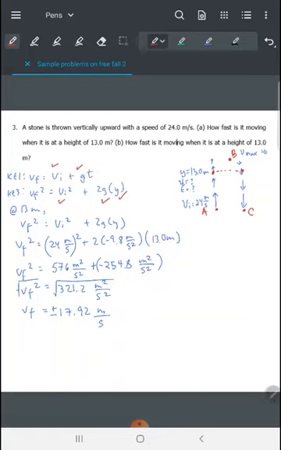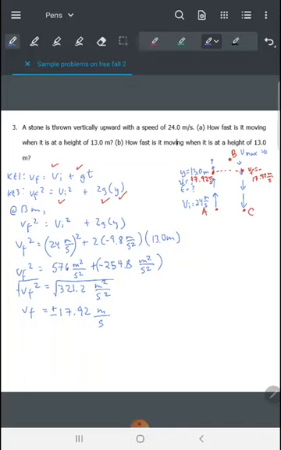So, if this one is 17.92 meters per second yung bilis ng stone dito sa point na to, dito sa downwards, ganun din. Negative na lang. Remember the speed symmetry. Okay. So, nasolve na natin yon.